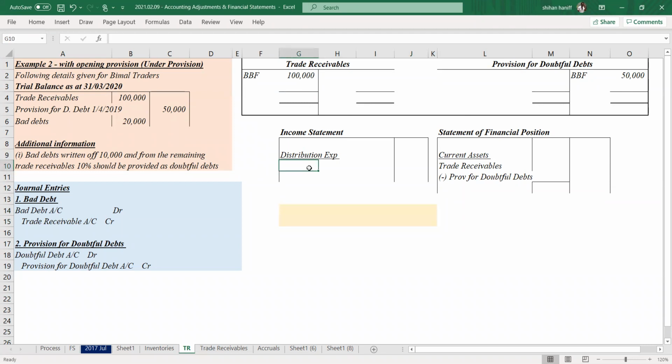Okay, then write off 10,000 as bad debt. Bad debt already is 10,000. We add another 10,000. Total bad debt is 30,000. So that will be credited to the trade receivables.